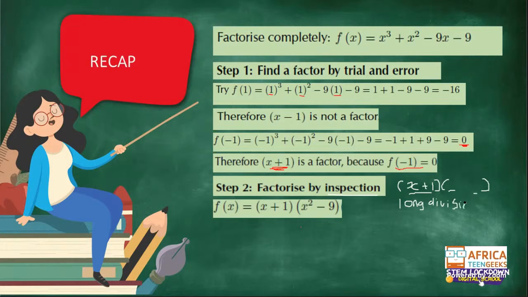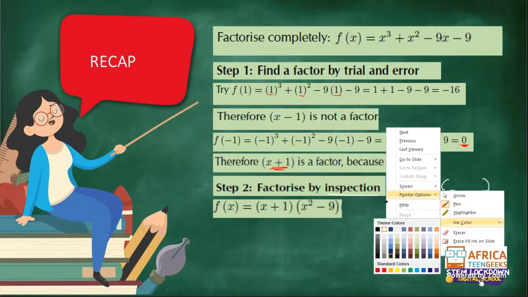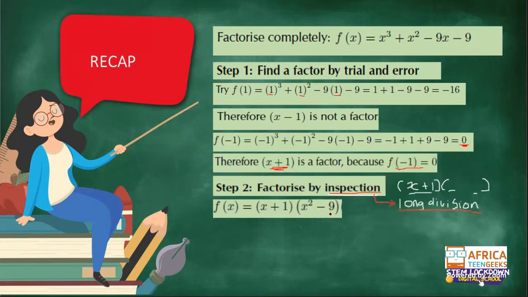So you will try either inspection or long division to get this term after you found your factor.